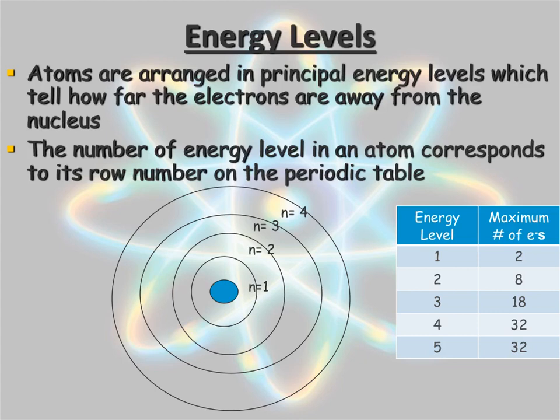Okay, now, how do you look at the periodic table and tell how many energy levels an element should have? Well, if you look on the periodic table, the row number, so rows go across, right? So if it's on like row 4, that means it should have 4 rings. It's going to have 4 energy levels.